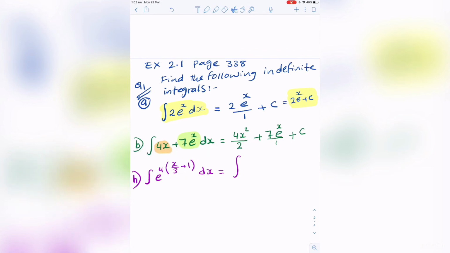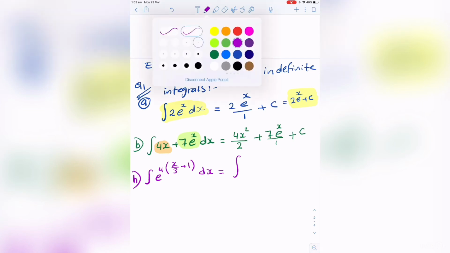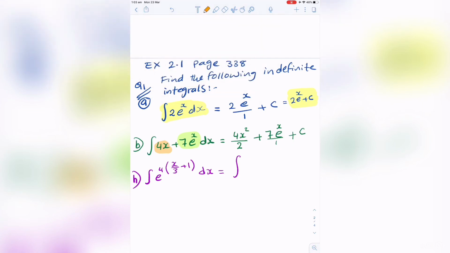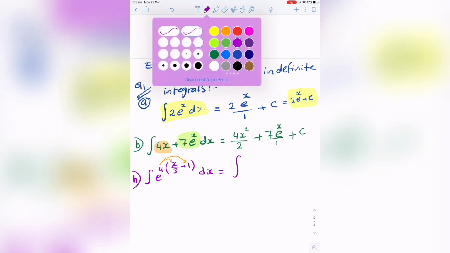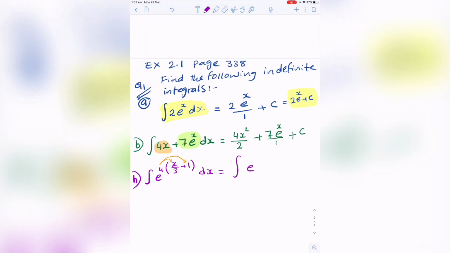Right, so what we will do now is tidy up. I'll multiply the 4 out in the bracket here. So this is going to be e to the power 4x over 3 plus 4.